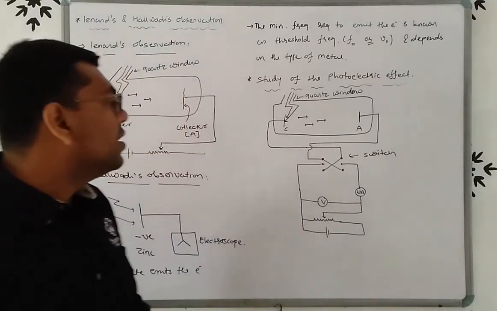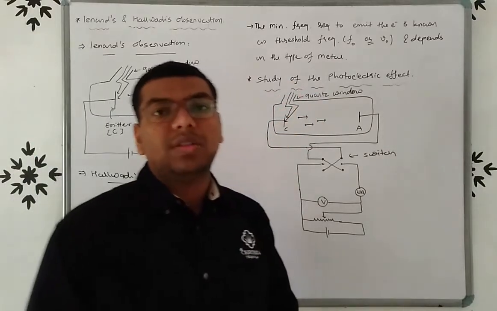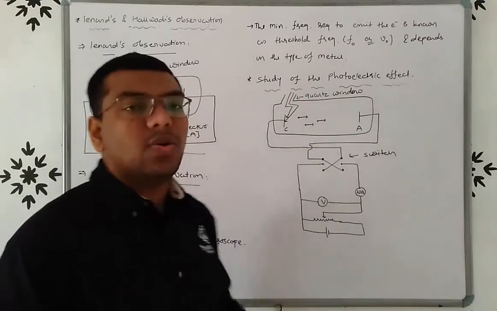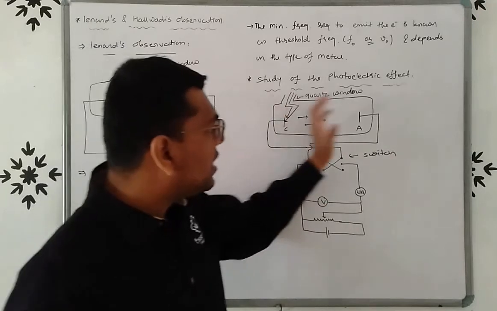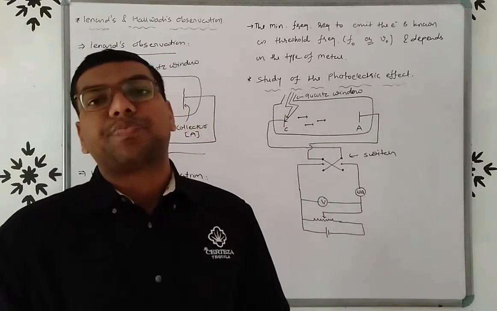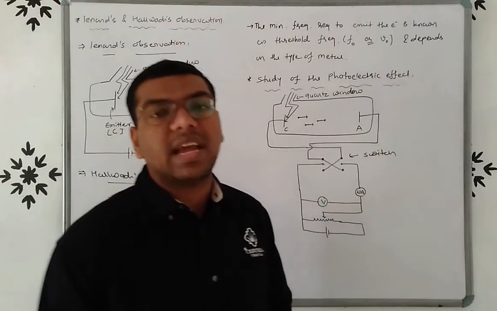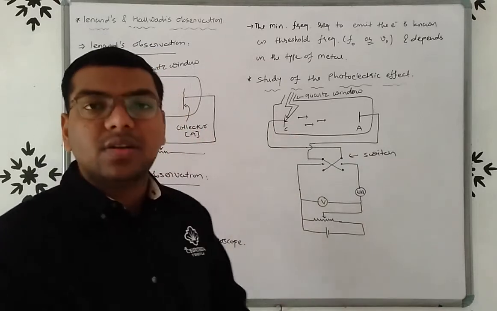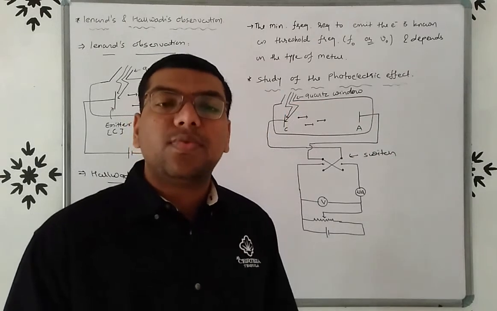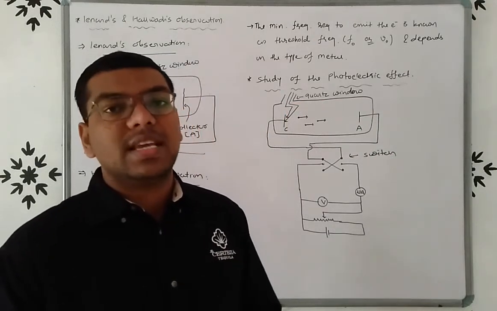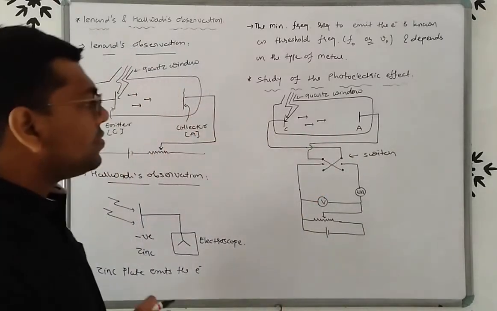Now, as the UV rays are incident on the emitter through the quartz window, the photoelectrons are emitted, and these photoelectrons travel towards the collector, because here the collector is kept positive with respect to the emitter. So there is a flow of photoelectrons, or you can say there is a flow of current. Right. Now friends, what happens?